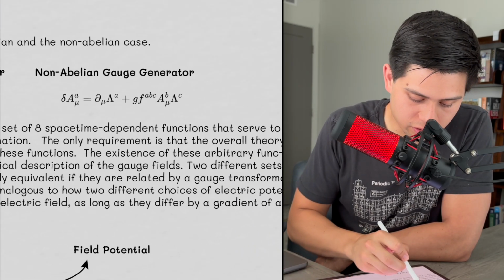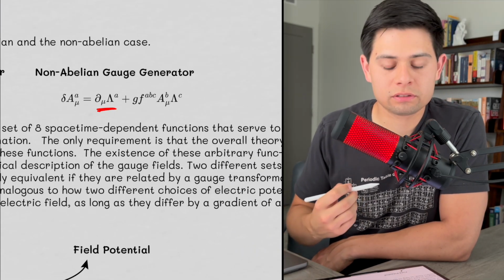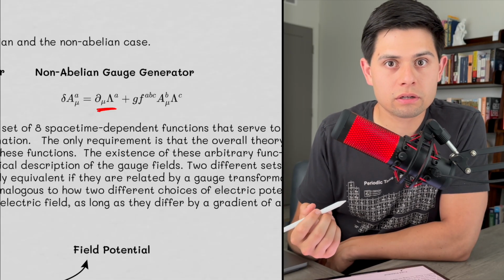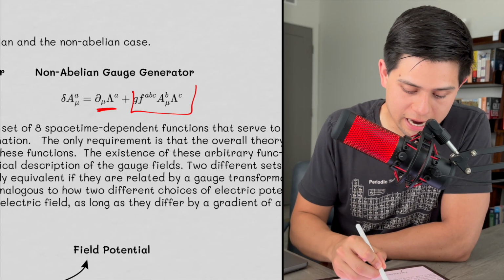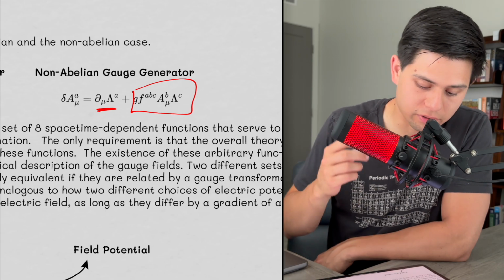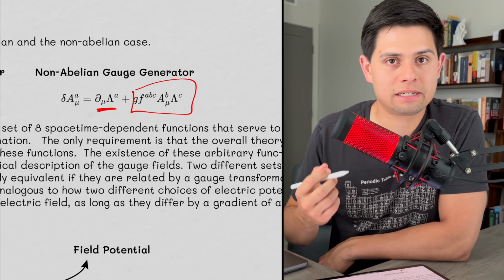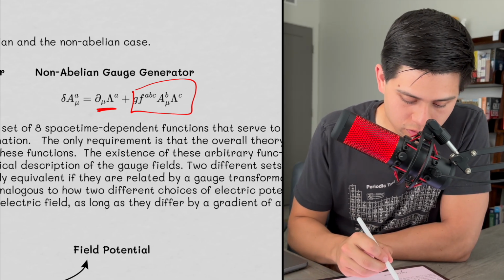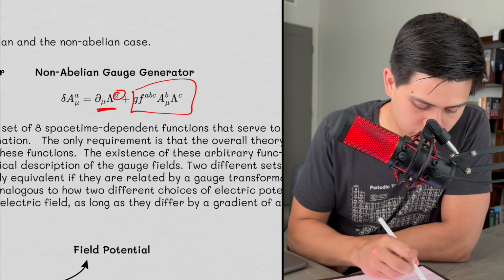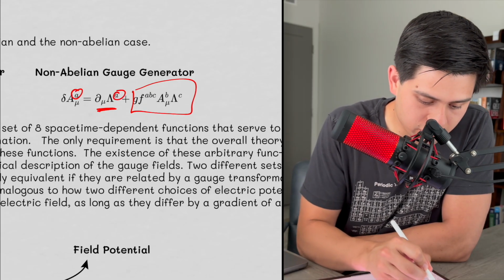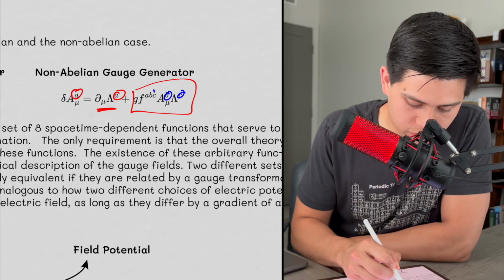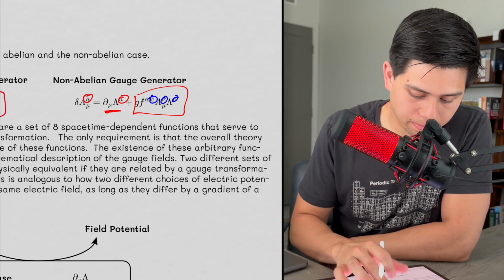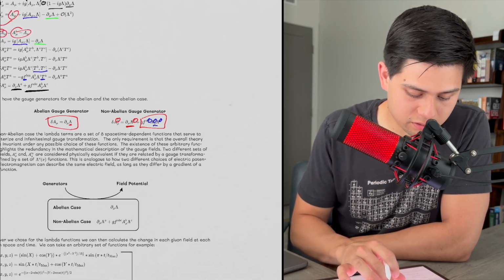And same thing here. The only difference in the non-abelian case is this added term right here. And again, remember, we have hidden Einstein sums everywhere. Because A is similar here to here, we need to sum over B and C. And mu is just a space-time index.